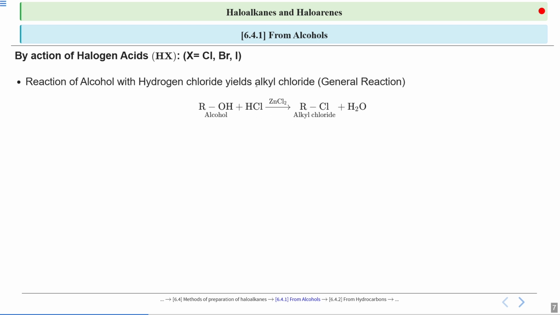This chlorine attaches to the R, and the OH and the H from the hydrogen chloride bind together to form a water molecule as a side product. So we got alkyl chloride from this process. From the reaction of alcohol and hydrogen chloride, you will get alkyl chloride, and this reaction happens in the presence of zinc chloride, ZnCl2, the alcohol reacting and giving you alkyl chloride.